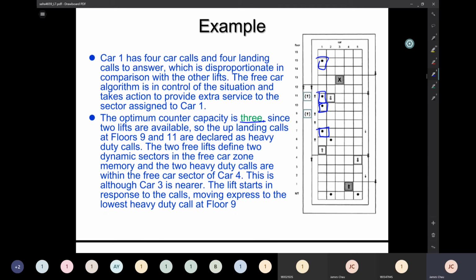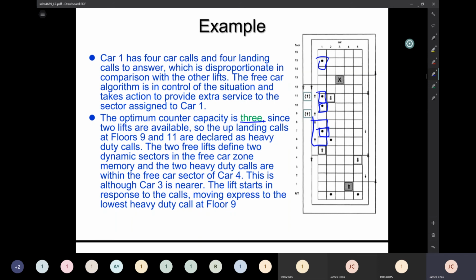So you can see here, the lift will serve only the car calls of 7, 6, 8, these 3 only. And the others, because we may consider that the lift has already reached the maximum capacity.